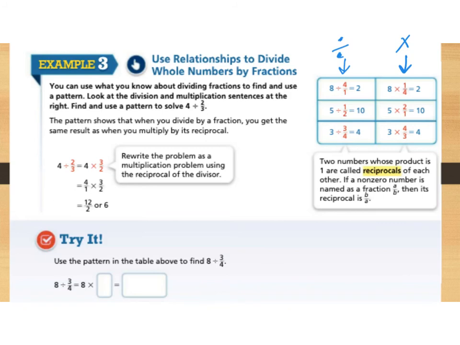So, if I have 1/2 and 2/1, these are reciprocals. We took the fraction, we flipped it upside down. So whenever we divide, we are essentially going to multiply by the reciprocal.